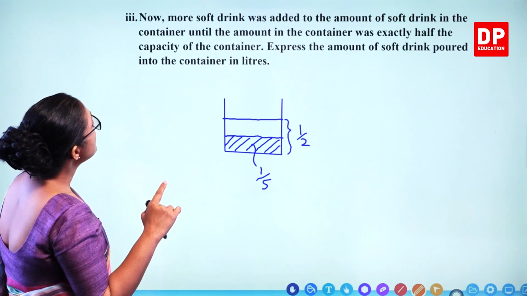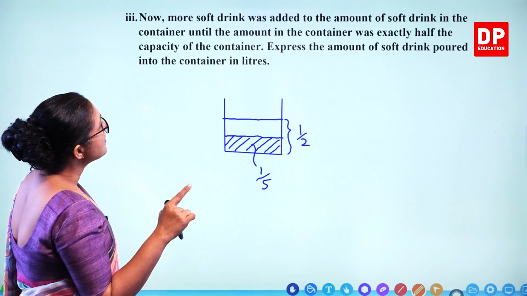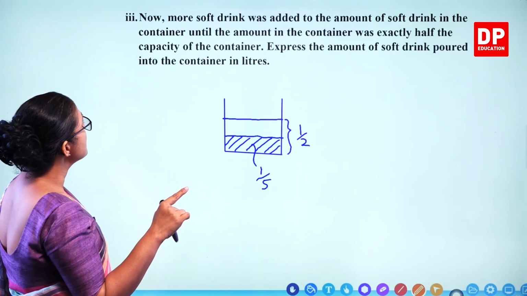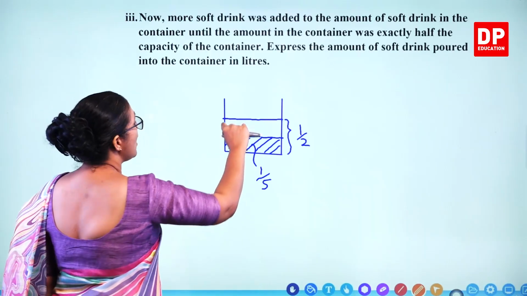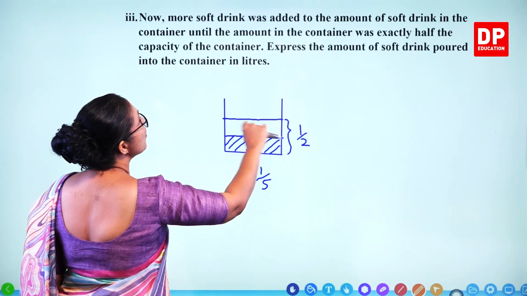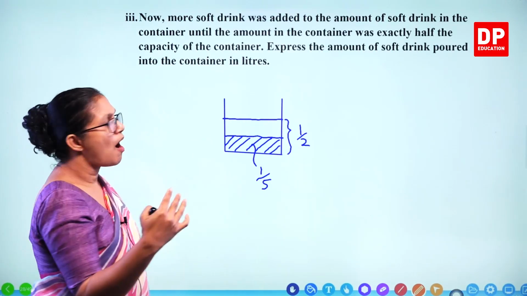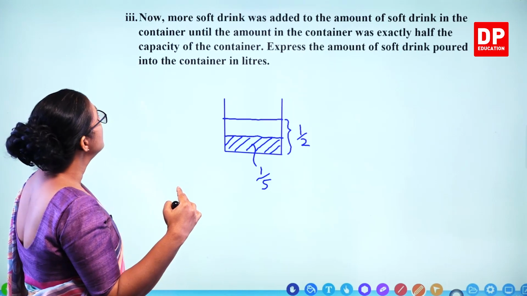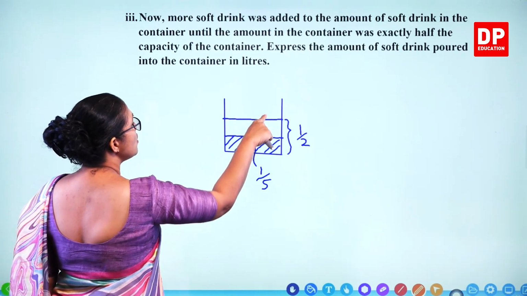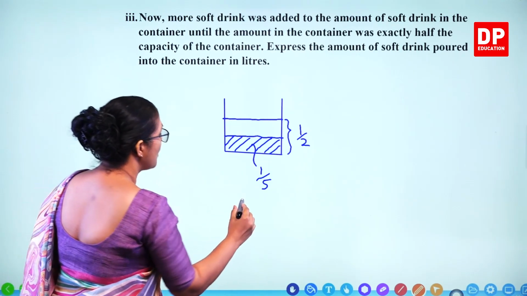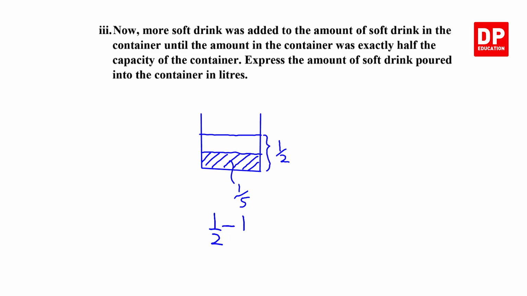So we need to find out the amount of soft drink we need to fill to get half of the container. So first we'll find out what's the difference here. Half minus 1 over 5.